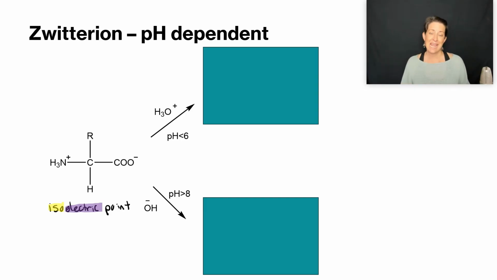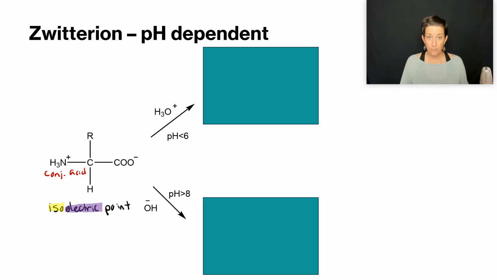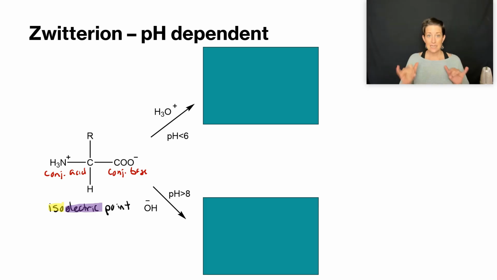When it became the ammonium ion, it is the conjugate acid of its base form, which means that the carboxylate ion is the conjugate base of its acidic form. If we keep in mind that they can still act as acids and bases, it helps us predict what can happen if an amino acid or Zwitterion is exposed to a different pH.